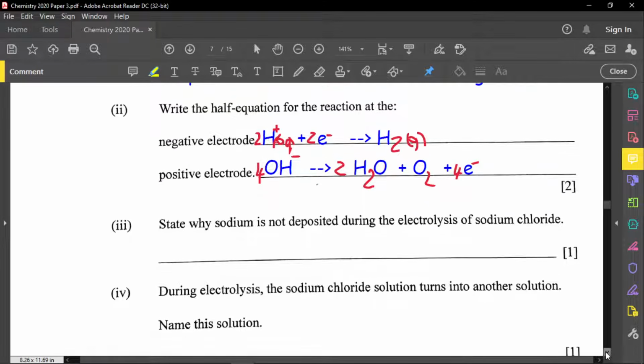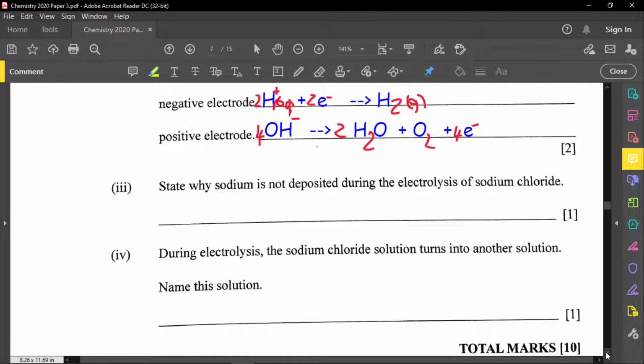All right, this for part 3 is: state why sodium is not deposited during the electrolysis of sodium chloride. Why is it not deposited? Now remember, sodium is a positive ion, right? Hydrogen is also a positive ion.